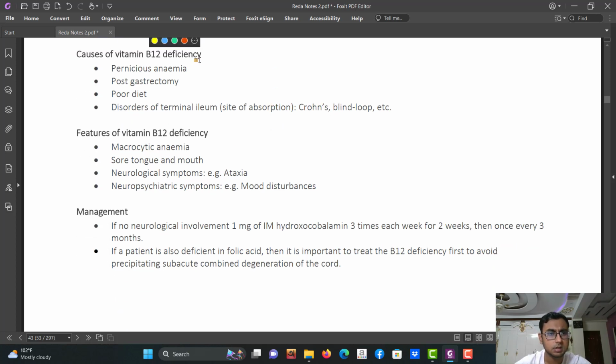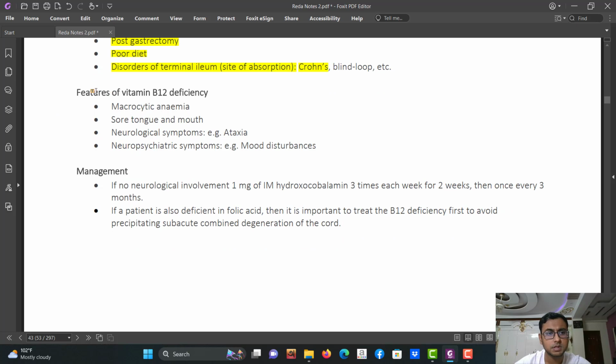So what causes vitamin B12 deficiency? Pernicious anemia, post gastrectomy due to deficiency of intrinsic factor, poor diet that does not contain vitamin B12, and disorders or absence of the terminal ileum, like Crohn's disease. Features of B12 deficiency are macrocytic anemia, sore tongue and mouth, neurological ataxia, and mood disturbance.